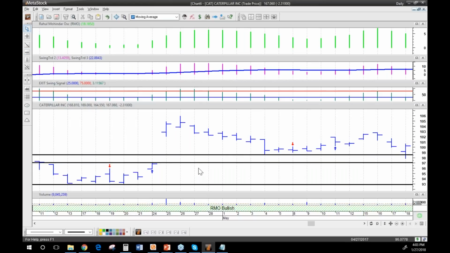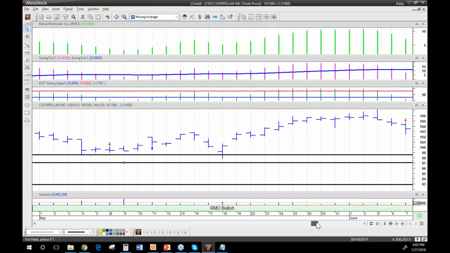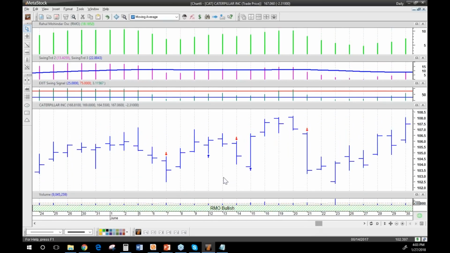What we're looking to do is take kind of large chunks out of this trend as we can. What happens here? Well, we stopped out. We got in at about 97, and we got out roughly at 98.56. So we made a little bit of money here.